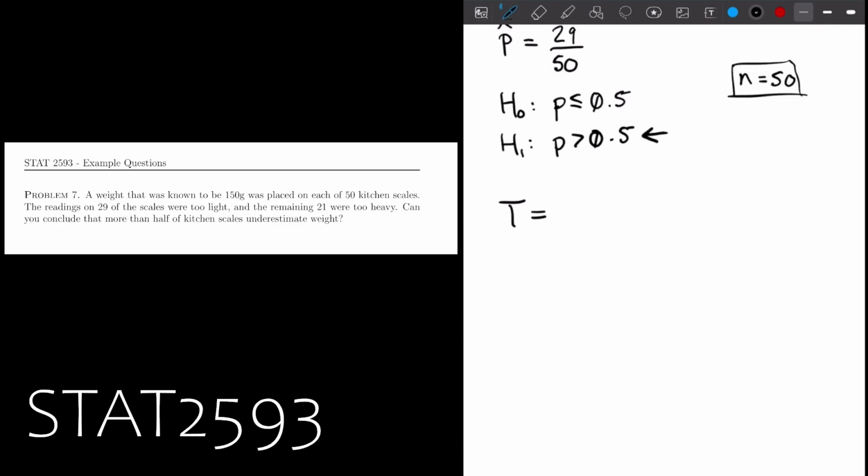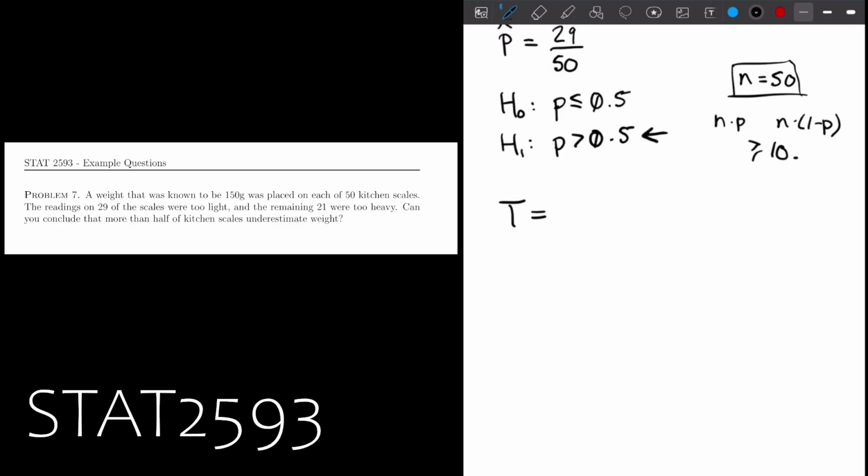Generally speaking, what you want to consider is what's n times p and what's n times 1 minus p. And in our case, p is going to be 0.5, right? And so then you're thinking about 50 times 0.5, which is going to be 25, or 50 times 1 minus 0.5, which is still 25, right? And we've said that as a general rule of thumb, as long as these two values are greater than or equal to 10, you're probably okay.